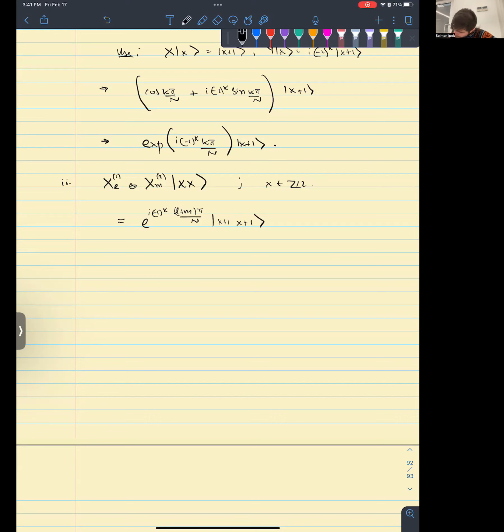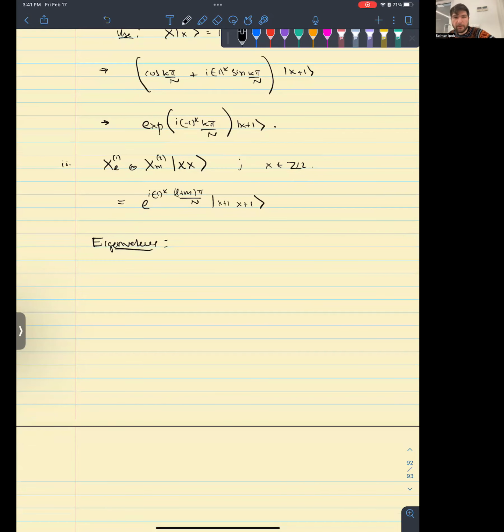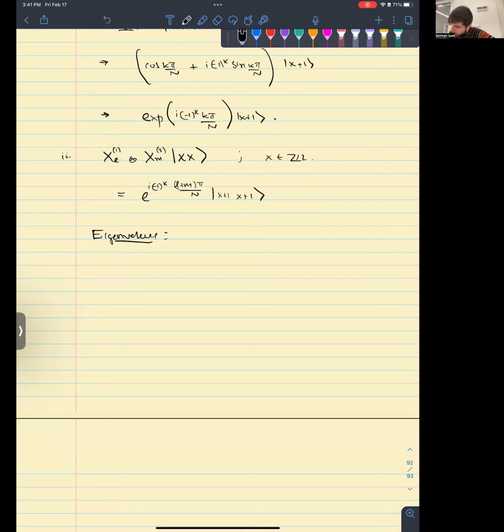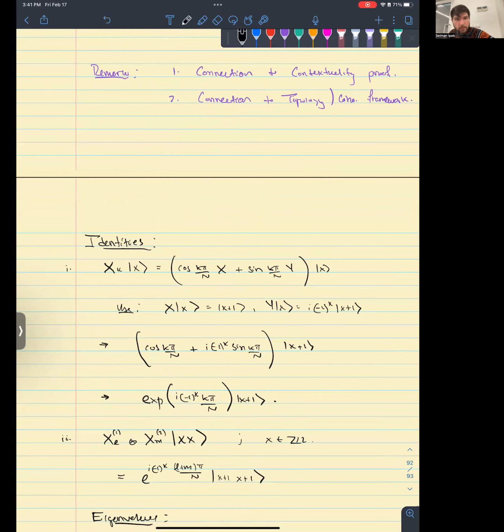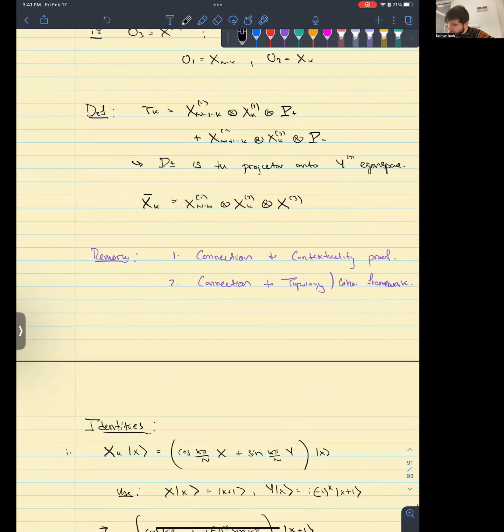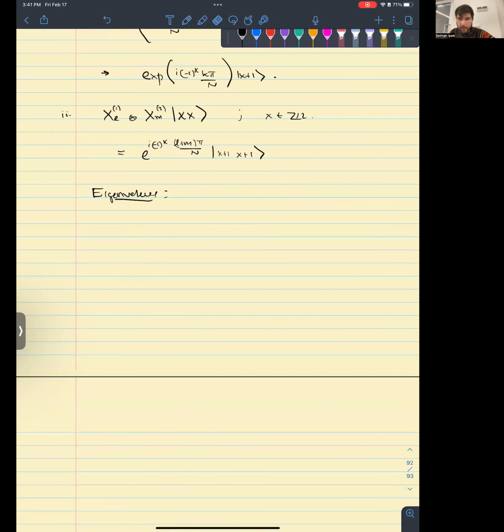Remember, in the contextuality proofs that we used before, we always had some sort of eigenvalue, some deterministic outcome. So here we want to find out what are the eigenvalues of X, sorry, X_k bar, that's correct.